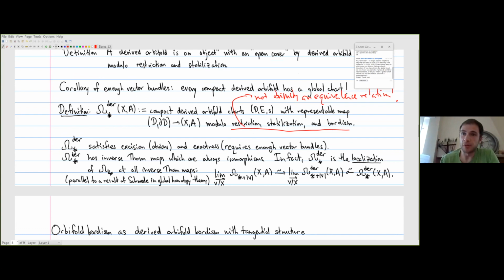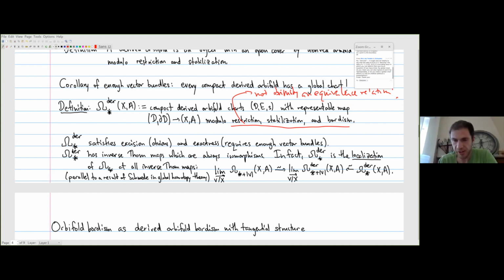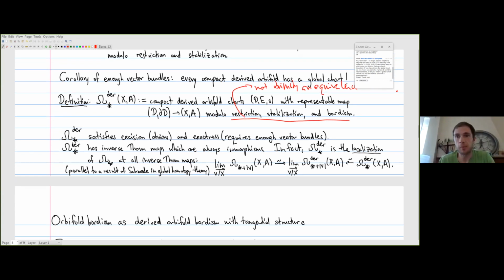There's a remarkable result of Wasserman, which implies that you can view orbifold bordism as derived orbifold bordism with tangential structure. And this is pretty important in this story because it's what allows you to extend orbifold bordism from the category of orbispaces to the category of orbispectra.